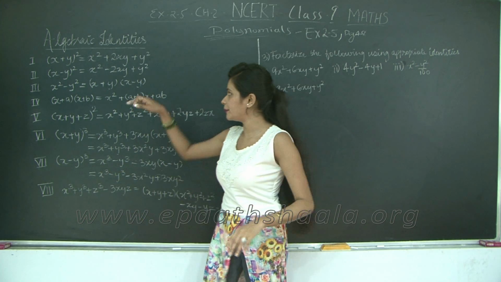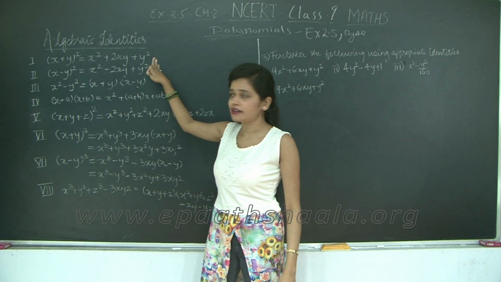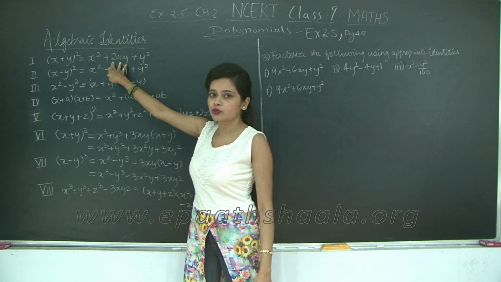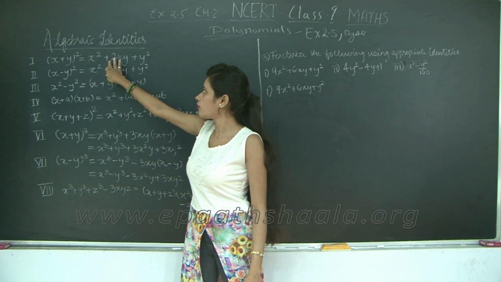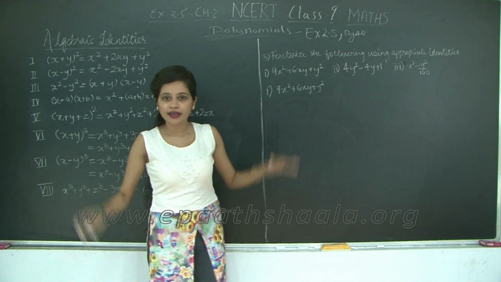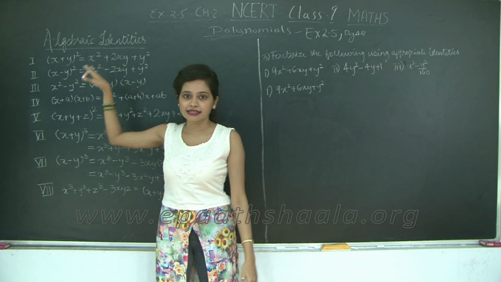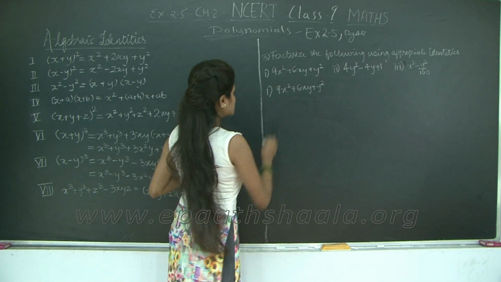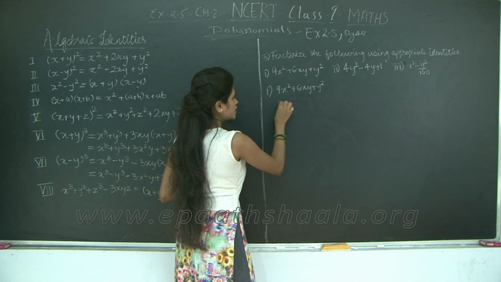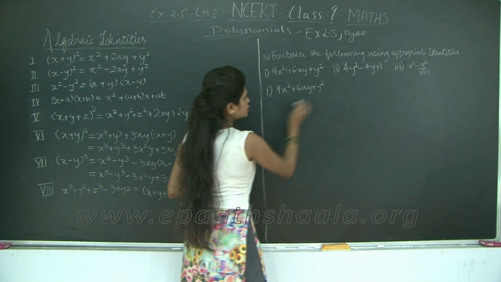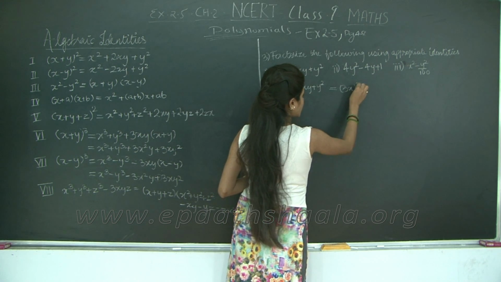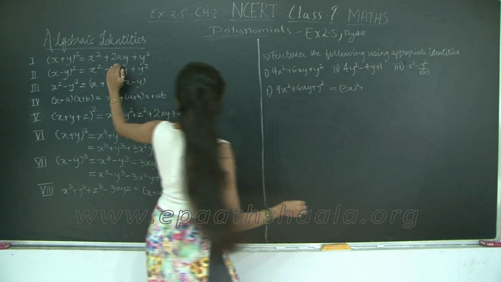Now which one does this resemble? The first identity itself: you have x square, y square as positive, and a term in between which has both x and y, and all the signs are positive. So I am going to rewrite this in such a way that it resembles my first identity. Let us first split 9. 9 can be written as 3x the whole square, plus, we need a 2 over here.